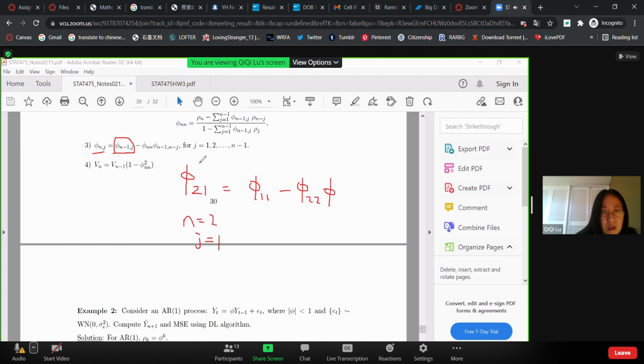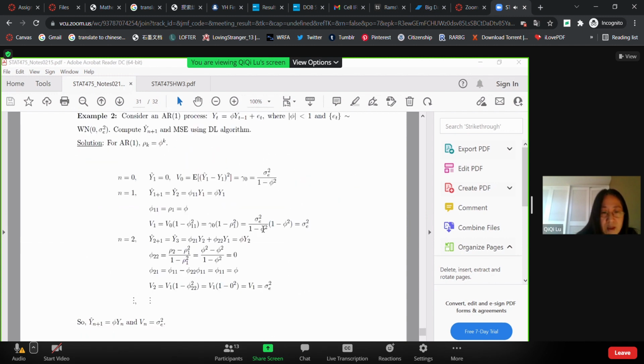N is 2, so n minus 1 is 1, and n is 2, j is 1, so phi11. So this is the formula you use to find phi21. And then we know phi22 is 0, so phi21 is phi here.